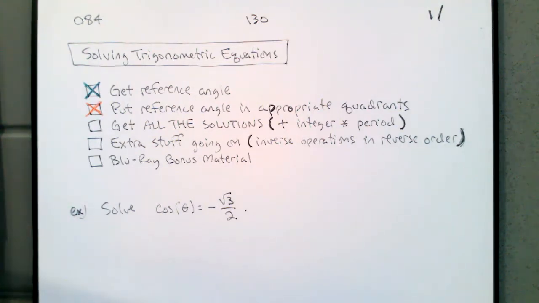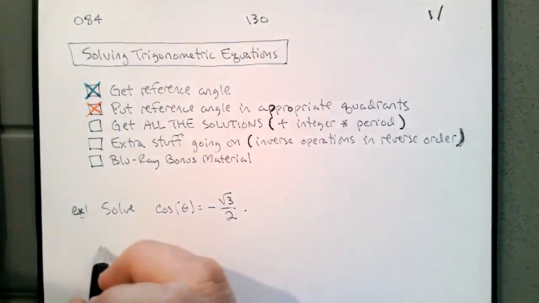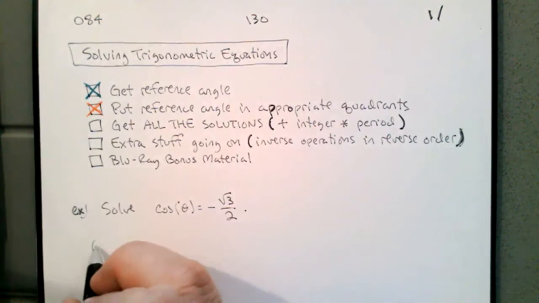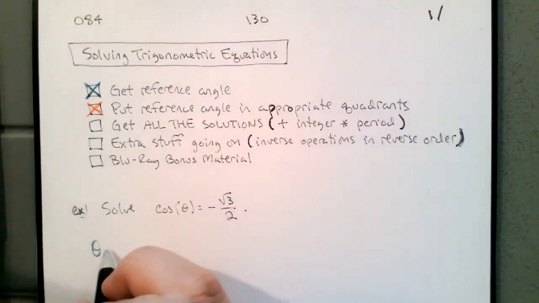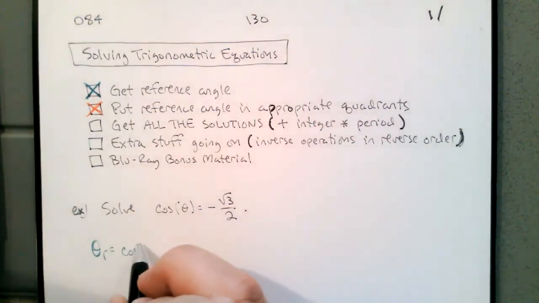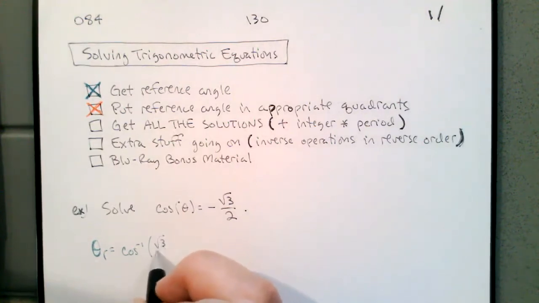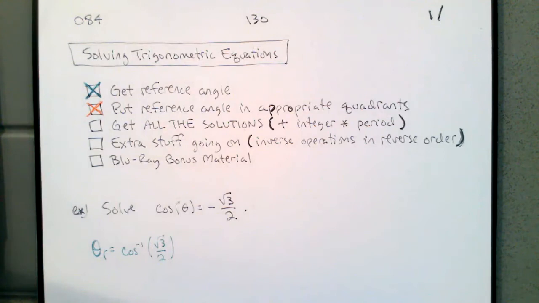So the first thing, to get the reference angle, we've got cosine. Our reference angle will be the cosine inverse of root 3 over 2. This is one that we happen to know. Cosine of 60 is root 3 over 2.